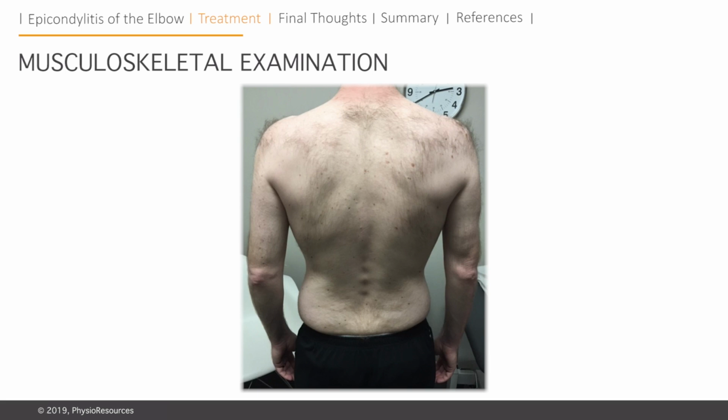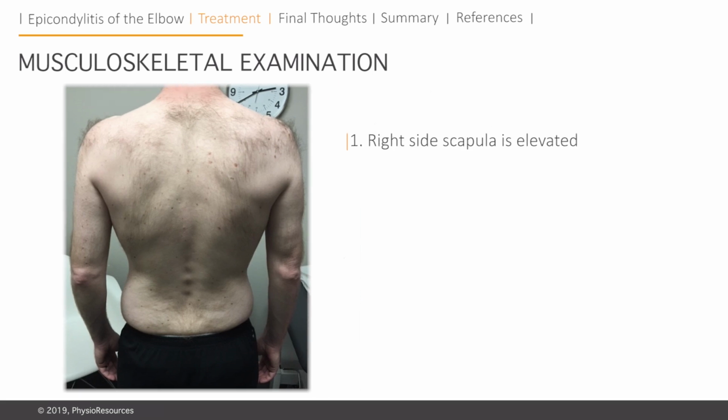Hopefully, there are a few things that jump out at you that fall under the category of not ideal alignment, that could contribute, perhaps, to lateral epicondylitis on the right side in his right elbow. So the first thing that I'm noting here is that his right shoulder blade is elevated compared to the left shoulder blade. And since this individual is right-hand dominant, we would not expect this to happen.